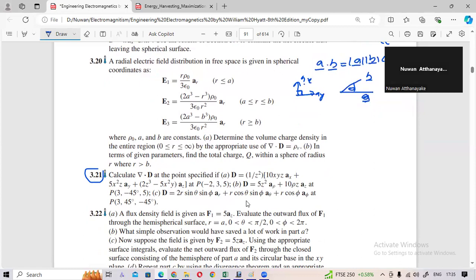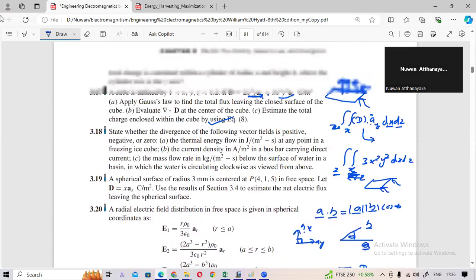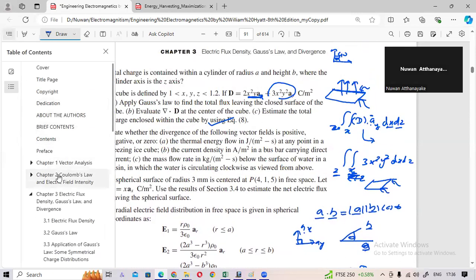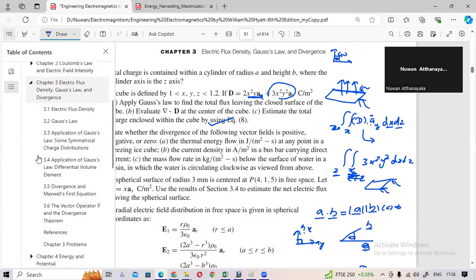If you take the gradient operator as a dot product with a vector, this is called the divergence of D. You need to be able to evaluate this divergence in three coordinate systems: rectangular X, Y, Z, spherical, and cylindrical. These equations are given, so you have to directly use them.